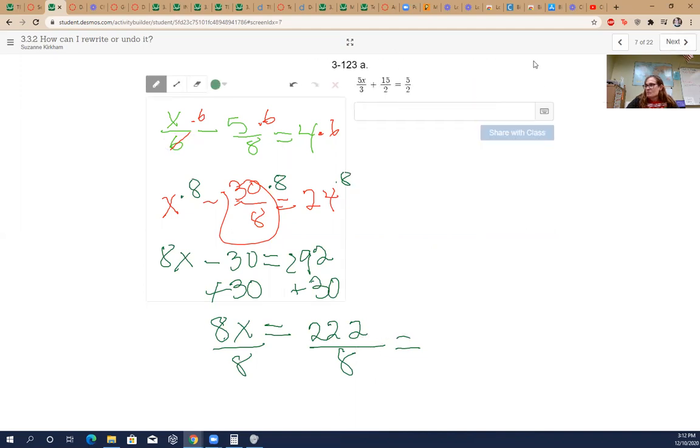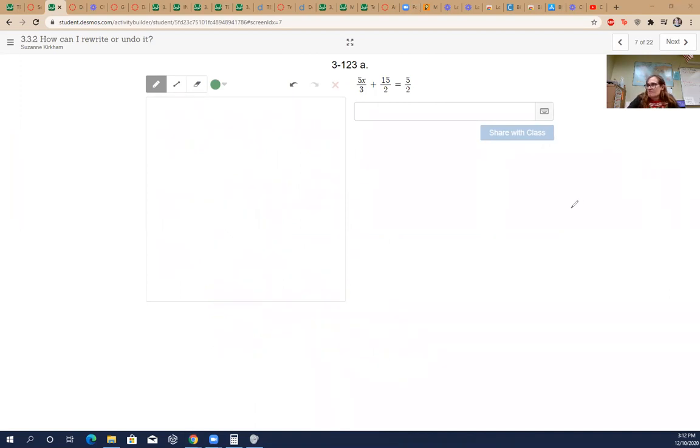Okay. We're just going to do 3 more pages. Page 7. 5x over 3 plus 15 over 2 equals 5 over 2. So we look at each of our denominators, and we say, okay, there's a 3, there's a 2, and a 2.